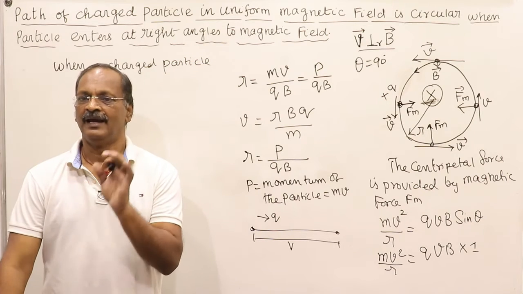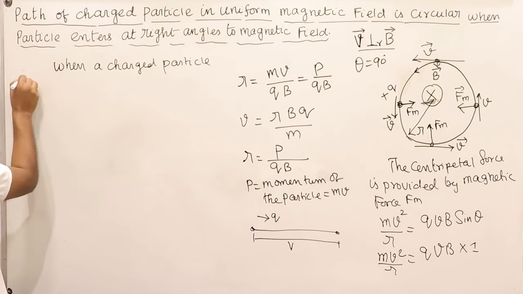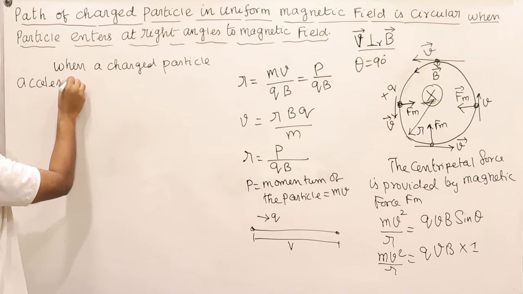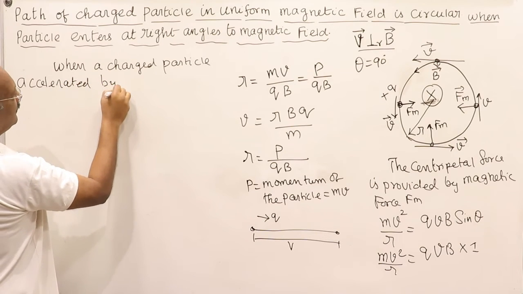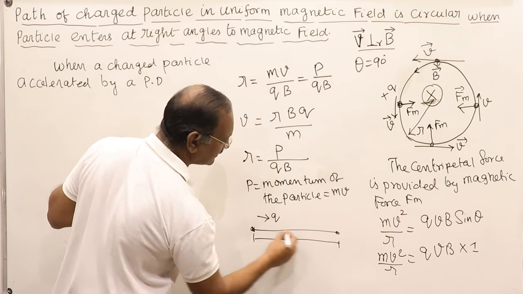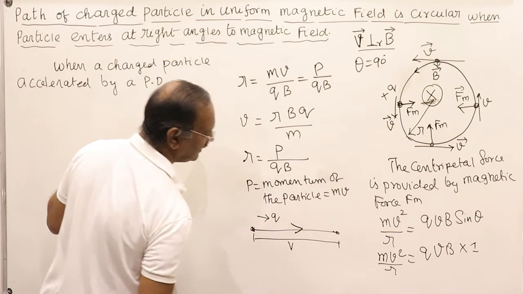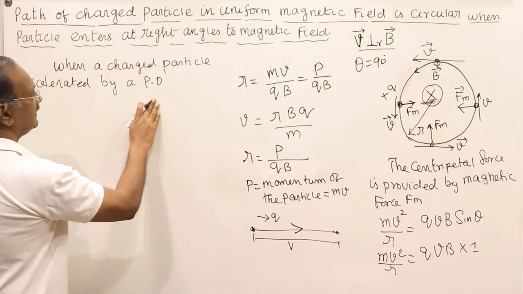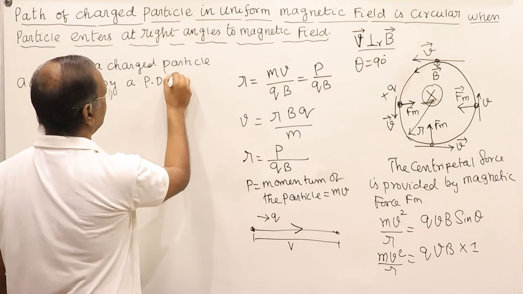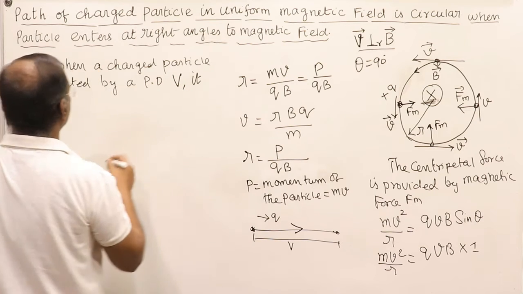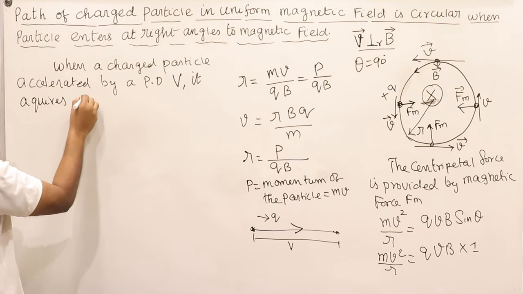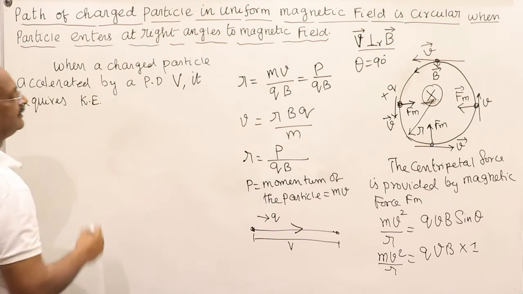Potential difference means here it is at higher potential, the charge will move like this, it will be accelerated and it will gain kinetic energy. With potential difference V, it acquires kinetic energy.